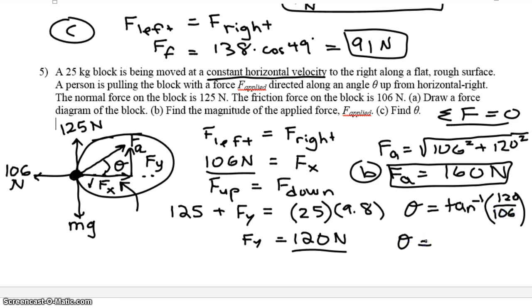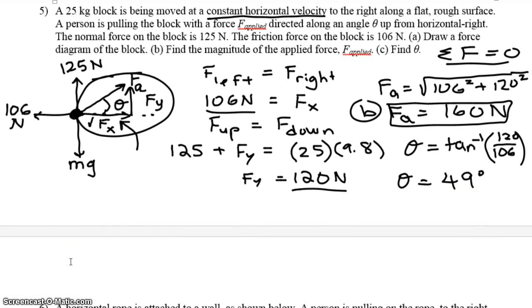So you do inverse tangent of 120 over 106, and you get 49 degrees. Good. That's part C right there. And we don't really have to say up from horizontal, because it was given in the problem. So we're really done.